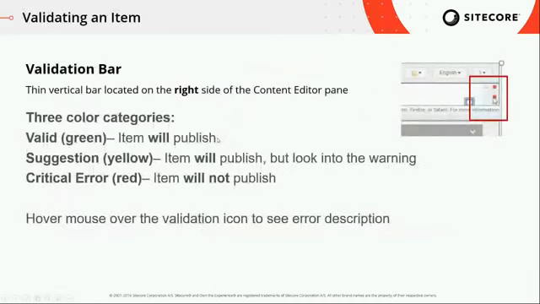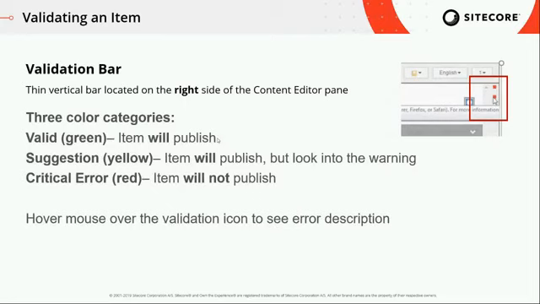When you do a publishing operation, one of the things that you need to consider is, before you decide to publish, check your items. See if any of your items are giving you indications of validation errors. If you attended the training previously, I believe it was the very first one that we did about items and such, we talked about that validation bar in depth.